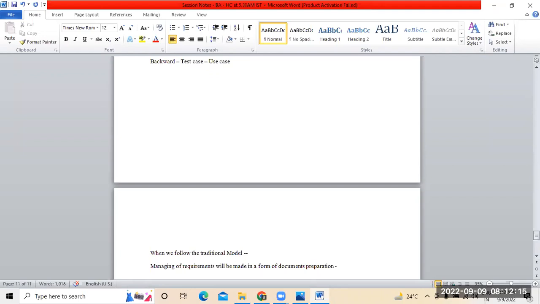So here there are different documents we prepare. The first document we call BRD, which stands for business requirements document. This business requirements document majorly focuses on the business requirements, completely on the business's problem: the business problem, business goal, vision, what problem we have identified, what the solution was, and what the critical success factors are.